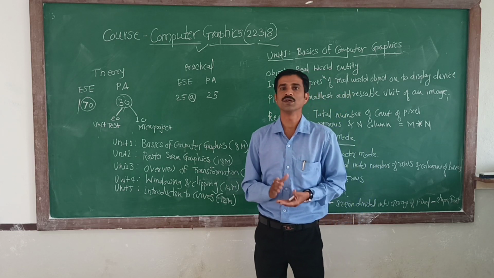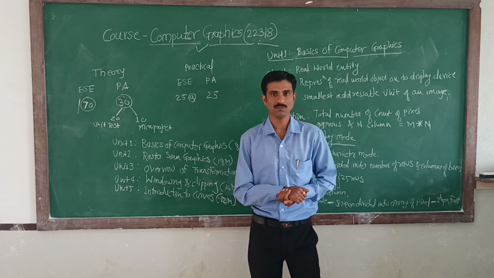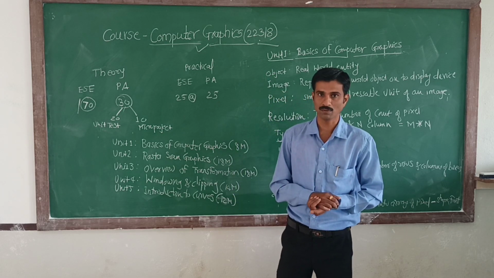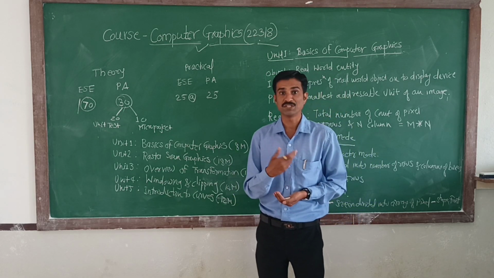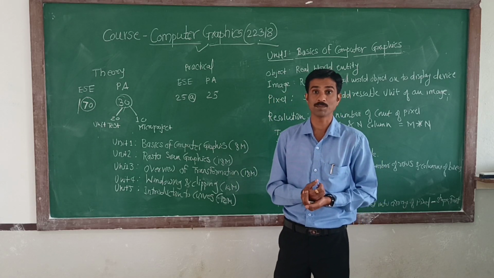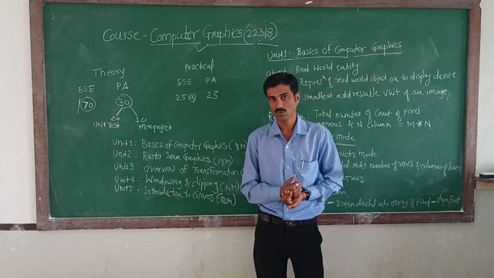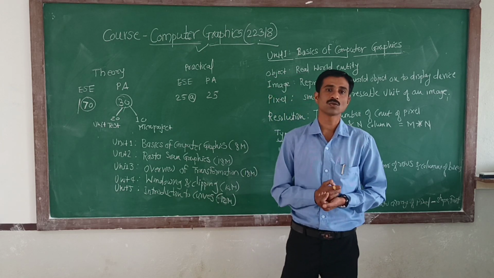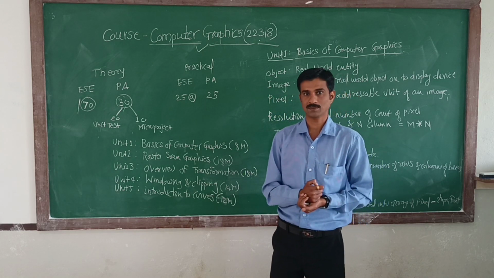So we have to use different functions. They may be called graphics functions, and using that we are generating different charts or shapes or images. Okay, and this is called computer graphics.